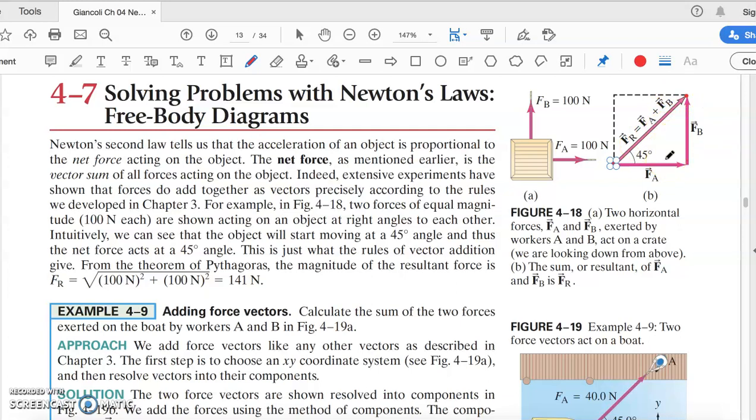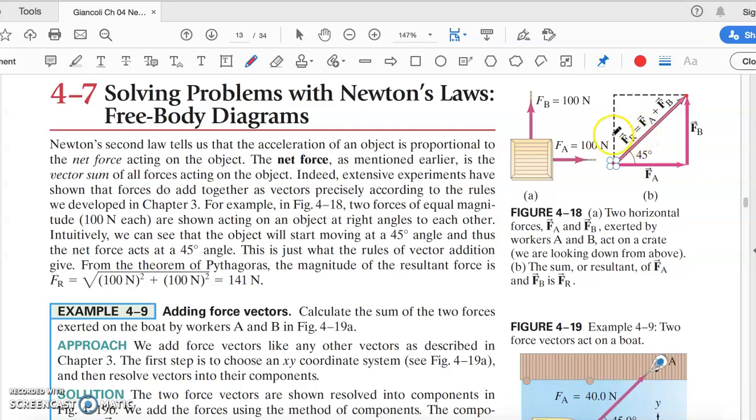Because the angle between them is a simple 90 degrees, this is FA, this is FB, so originally the angle between them is 90 degrees. If we have a simple right triangle, what is the value of the hypotenuse? It is the Pythagoras theorem.